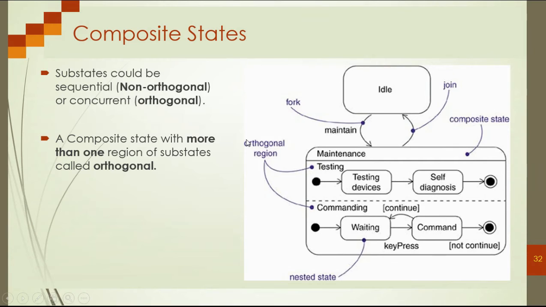In this example, the maintenance state chart, which is a composite state chart, has two regions. The first region is for testing as a part of maintenance, and the second region is commanding, which gives the instruction to the machine.